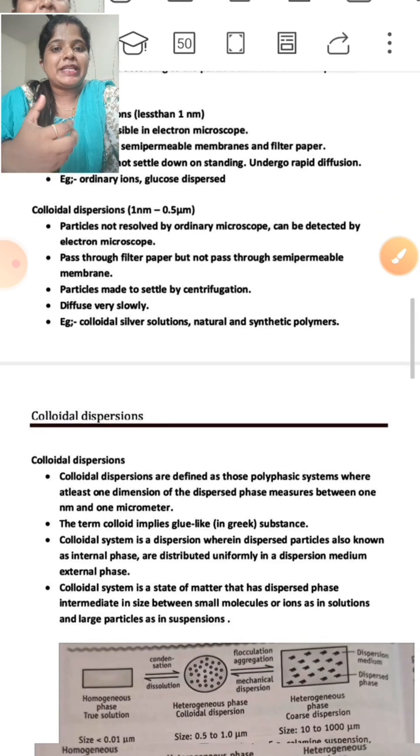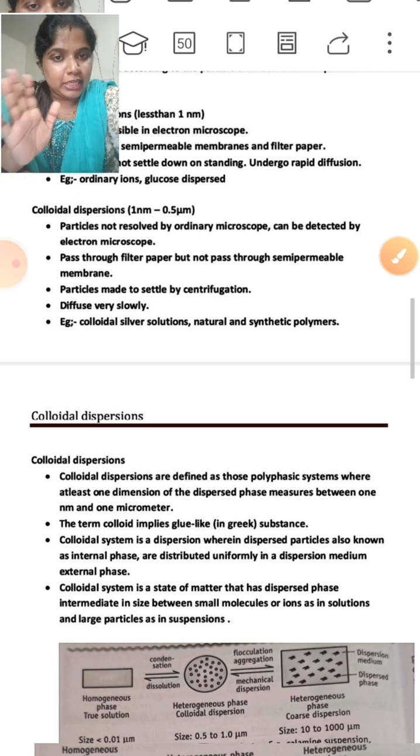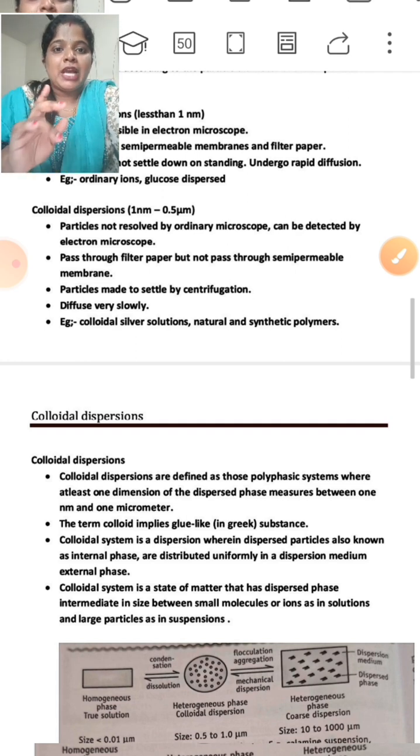Next we come to colloidal dispersion, which is our topic now. For colloidal dispersions, 1 nanometer to 0.5 micrometer we can consider, and the particles are not resolved by an ordinary microscope, but can be detected by using the electron microscope.